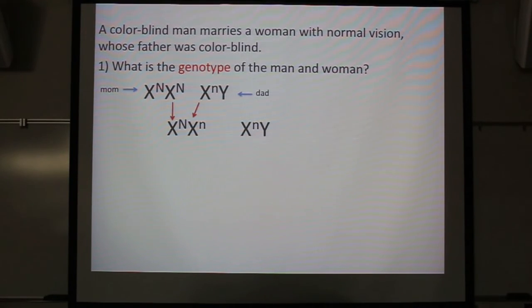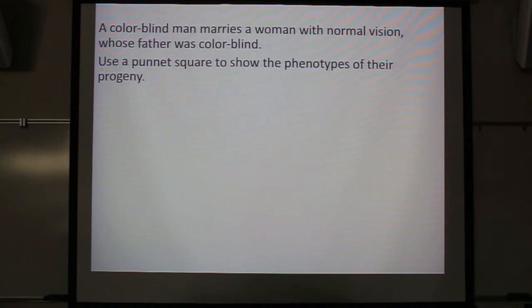So this could be a lowercase n, and the mother could be a carrier, but you know that she didn't get that lowercase n, otherwise she would be colorblind. So in this particular case, you don't know for sure if her mother is homozygous dominant or heterozygous, but either way, you know she has that one dominant trait because she has normal vision.